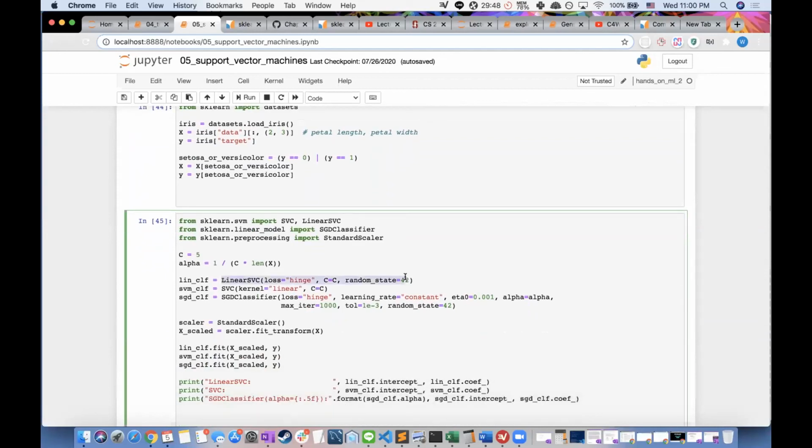And if you say dual is false, it actually fails. And you learn something by doing that, because dual is false doesn't work with loss hinge, which is what he specifies, right? You find out that the default loss is hinge squared, so if you use dual is false, then you need to let the loss be the default, which is hinge squared, as opposed to the primal, in which he uses hinge.